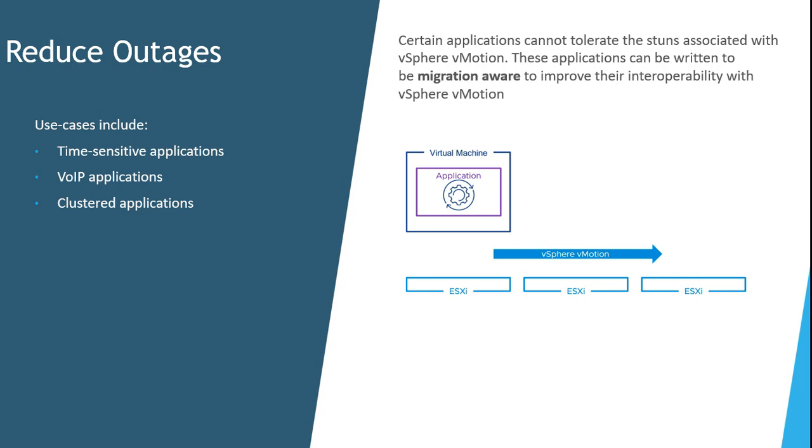These applications can be written to be migration aware, so the application itself will know that it will be going through a vMotion. To improve interoperability with vMotion, they will talk to the vSphere hypervisor, and when the vMotion is happening, it will let the application know that it is moving from one host to another, so that it either pauses for a while, or makes sure the application fails over maybe to a different one, so that there's less impact.